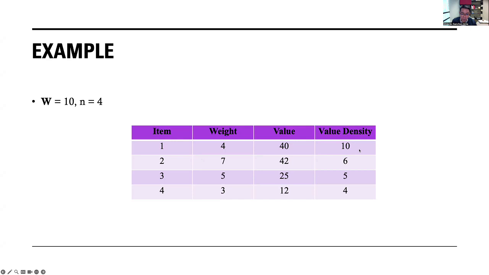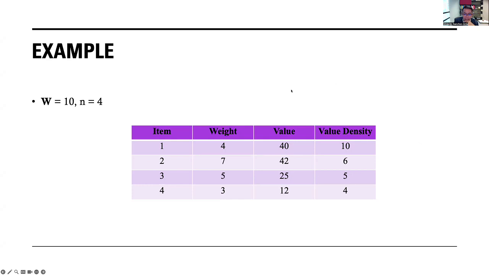And you may also notice that this table has the items already ordered in relation with the value density from the highest to the lowest. This is important, but the numbers can be different, all right? These are just the labels of the items, okay?